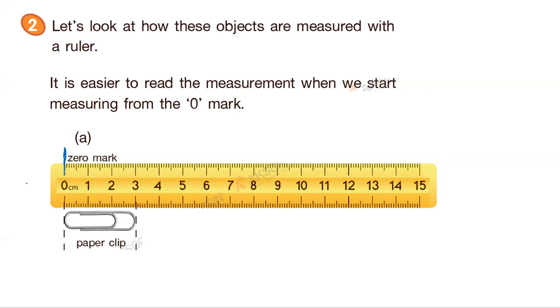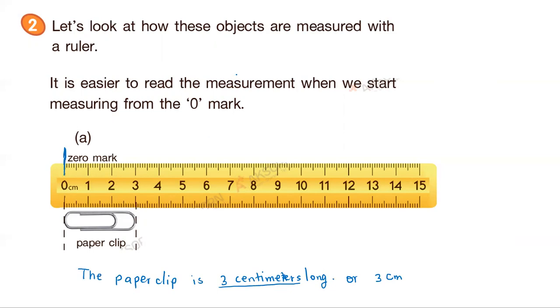Let me write it here. The paper clip is 3 centimeters. If you don't want to write the whole word centimeters, you can write 3 cm.